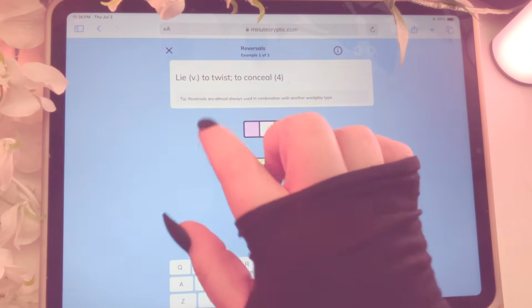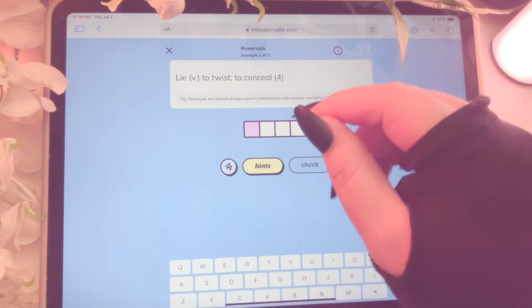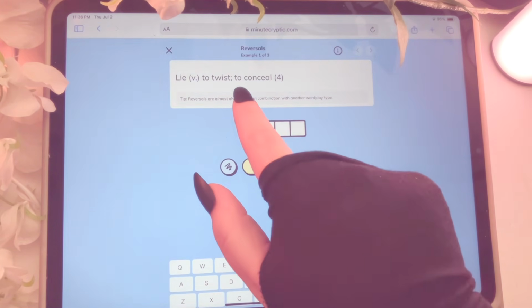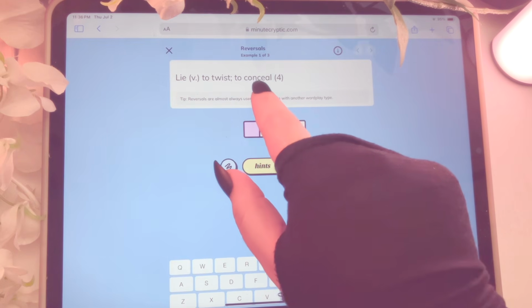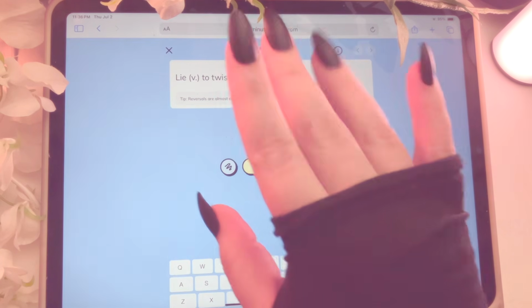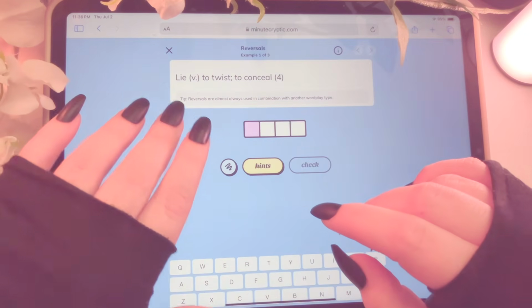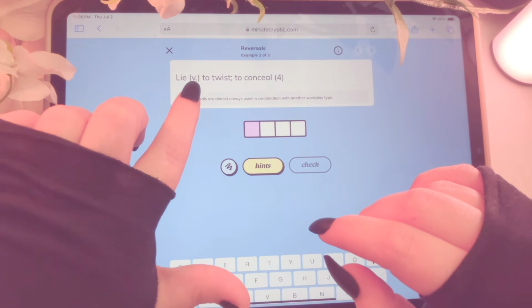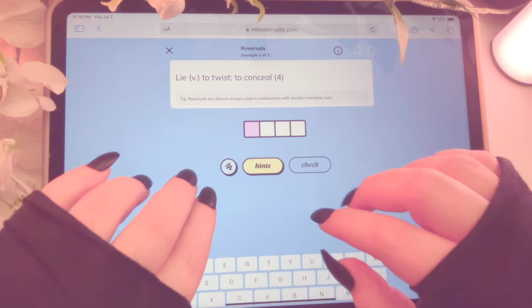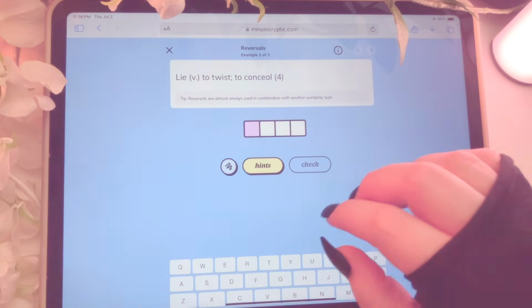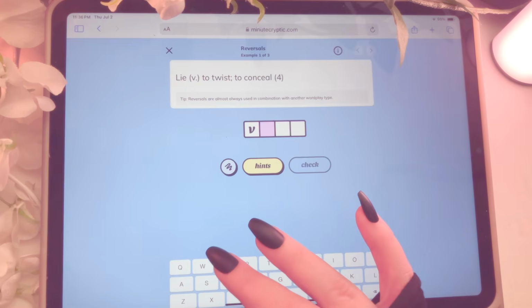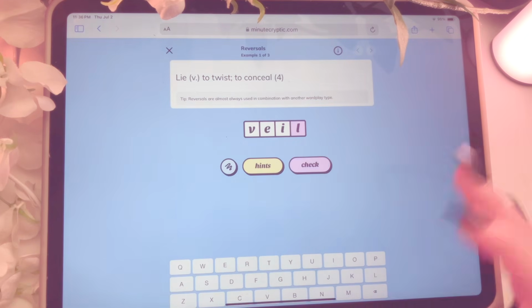Okay, I see it. The definition is going to be to conceal. And the thing being twisted here is at the very beginning. Lie paired with the V there. I'm going to just put that directly backwards. V-E-I-L.